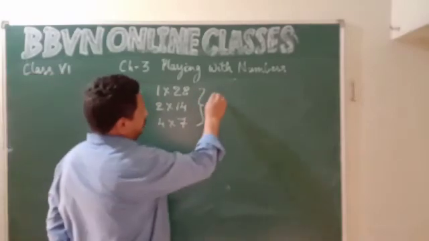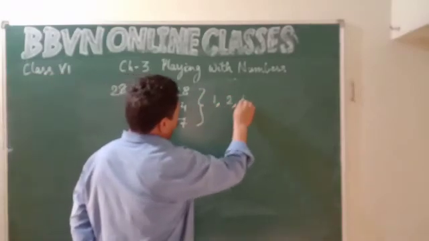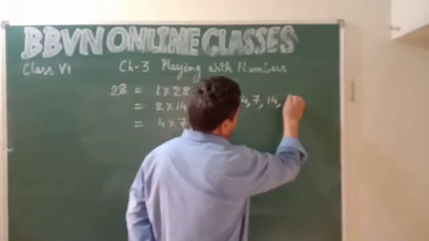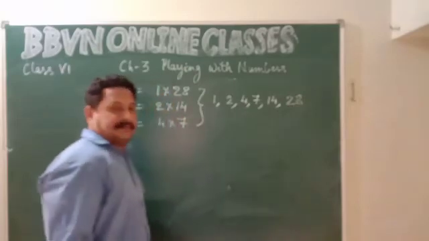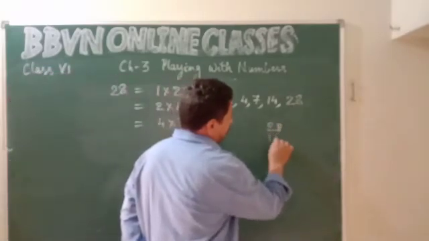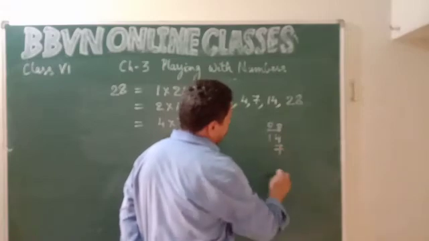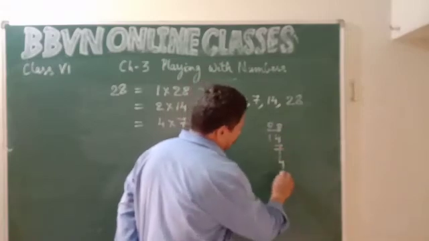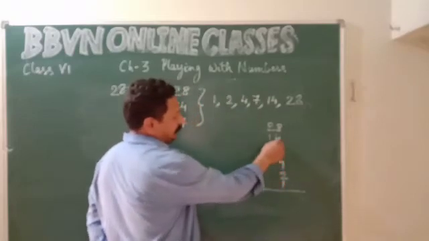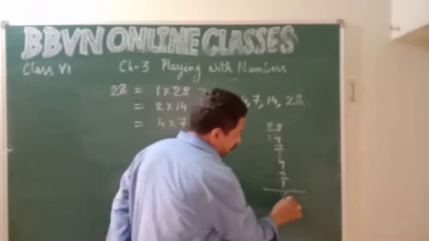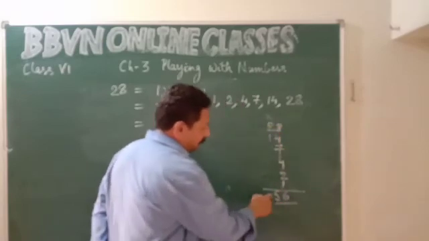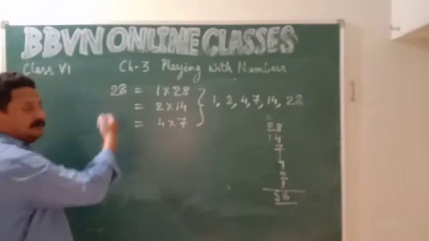What are the factors? 1, 2, 4, 7, 14 and 28. Let us see their sum. 28 plus 14 plus 7 plus 4 plus 2 plus 1. 56 is double of 28.